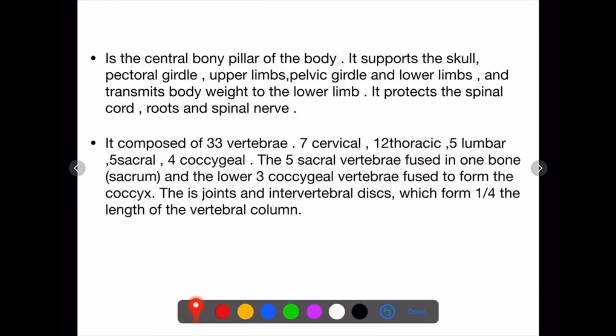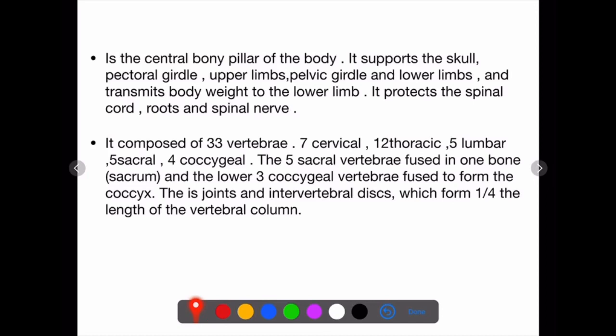The vertebral column is composed of 33 vertebrae, which are classified or divided into the following: 7 cervical vertebrae, 12 thoracic vertebrae, 5 lumbar vertebrae, and 5 sacral and 4 coccygeal.